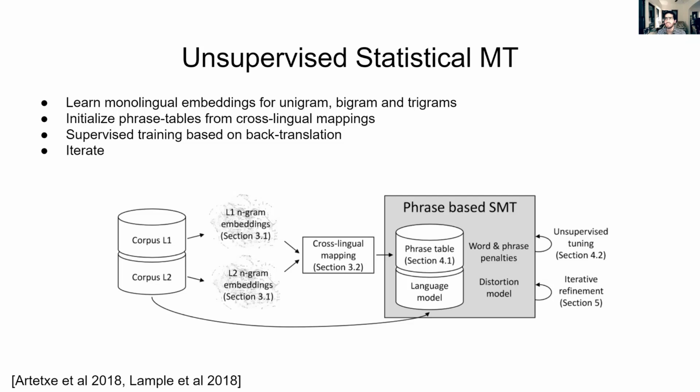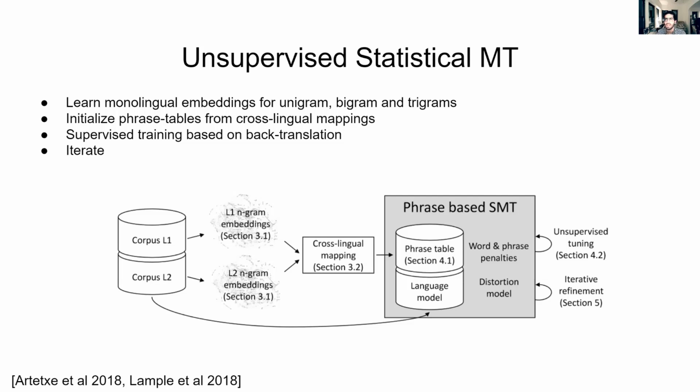So if all the embeddings are in the same space, and say you're translating between German and English, you pick up a German phrase, you find its nearest vector in the English embedding table, and that would be your English-German phrase alignment or a phrase translation. You don't just do nearest neighbors, you also look at the top k nearest neighbors.